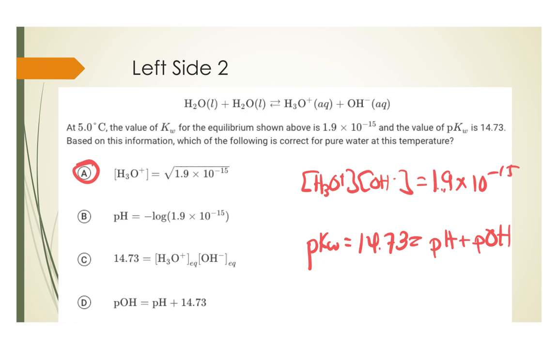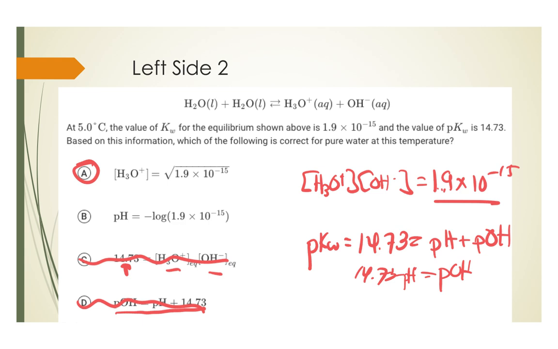If I take a look going from the bottom up, if I rearrange this equation, we would see that pOH equals 14.73 minus pH, so that one can't be right. This one up here is giving these in terms of concentrations, and that should equal 1.9 times 10 to the negative 15th. They put the pKw value here, so that one's not right. pH equals negative log 1.9 times 10 to the negative 15th. Well, that would be true if the H3O+ was 1.9 times 10 to the negative 15th, but it's the product of those two together. So that one can't be right.